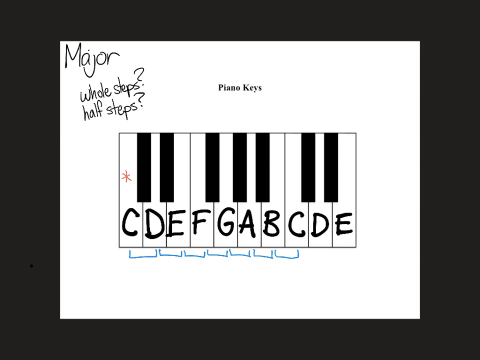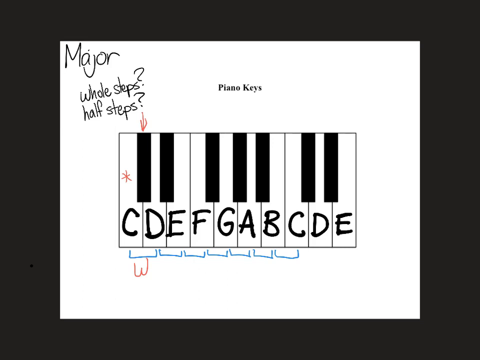That's right. That is a whole step because there is a C sharp or a D flat in between C and D. We have a whole step as our first interval.